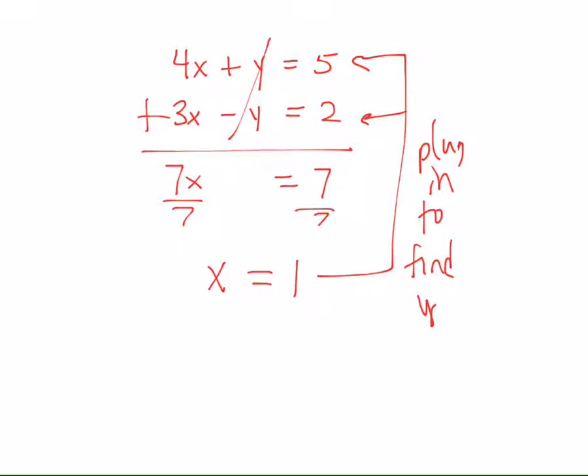So the trick is, if I can add these two things up and one of my variables completely cancels out, then I've got one equation with one unknown. Okay? What if they don't have that property? What if it's like 4x plus 2y equals 6, and what if it's 3x minus y equals 2?